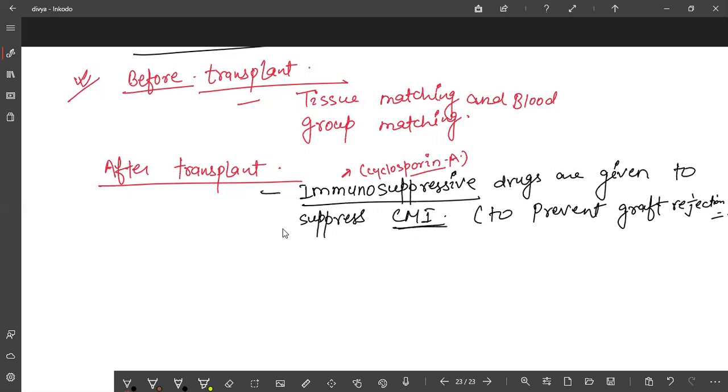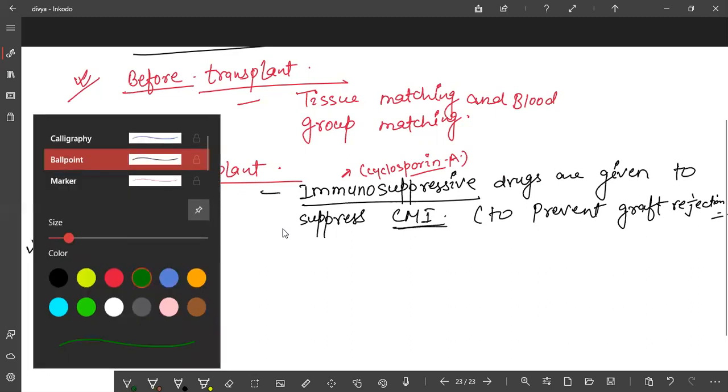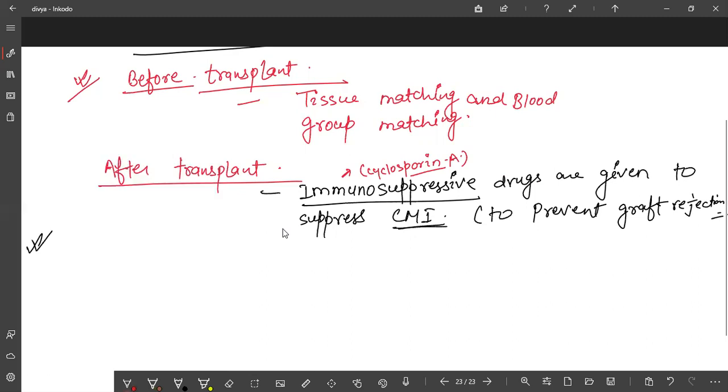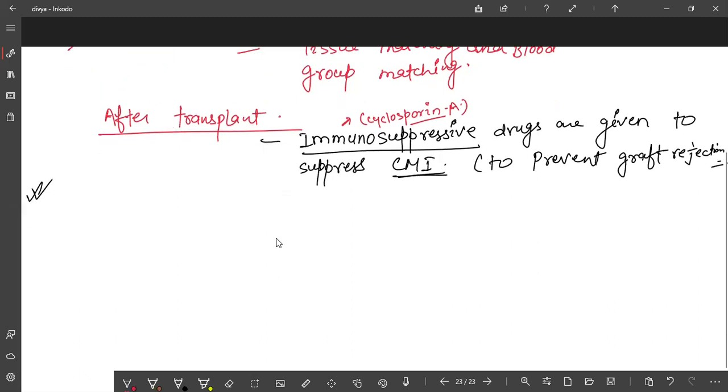So this is clear to you, before transplant and after transplant. Now, again, this acquired immunity is divided into two types. One more criterion is there for classifying it: active immunity and passive immunity.